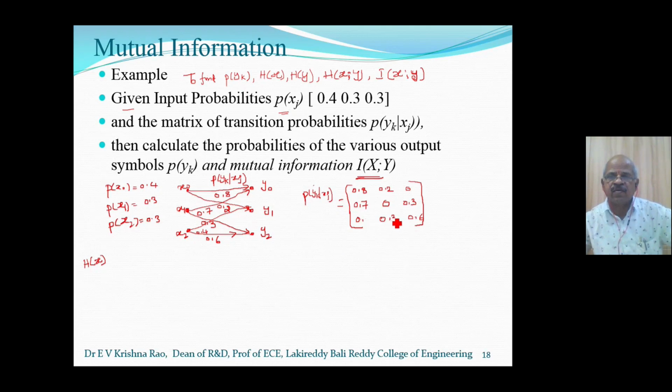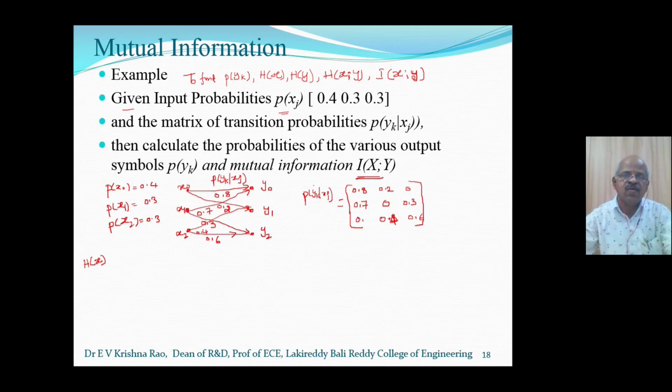Again, this is 1. So this is the transitional probability.